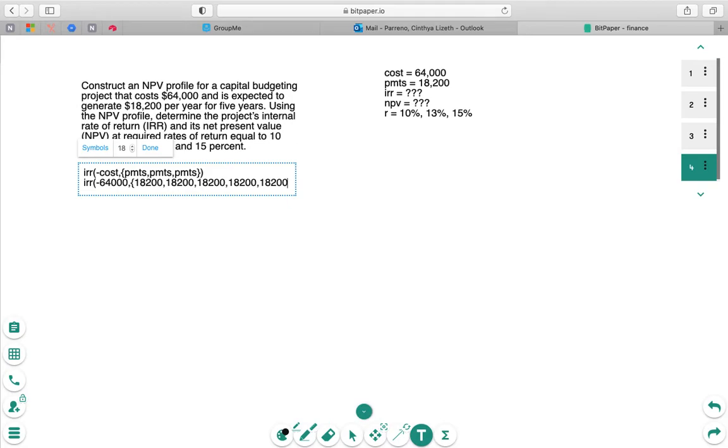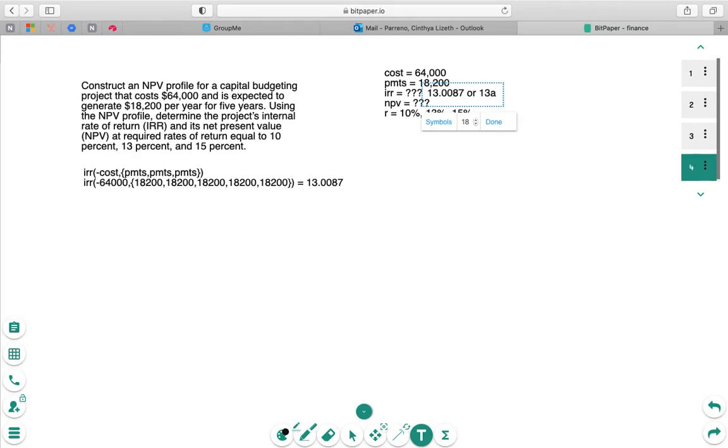Then end bracket and parentheses, and that should give you 13.0087. So this is going to be your IRR: 13.0087, or about 13%.